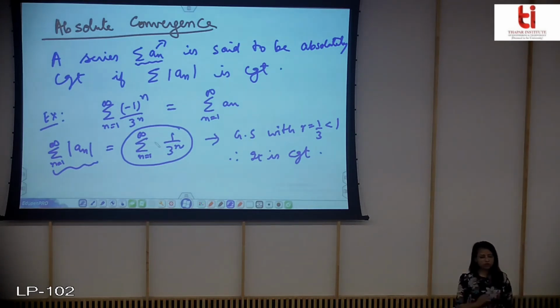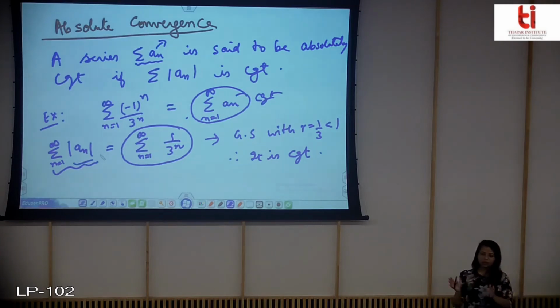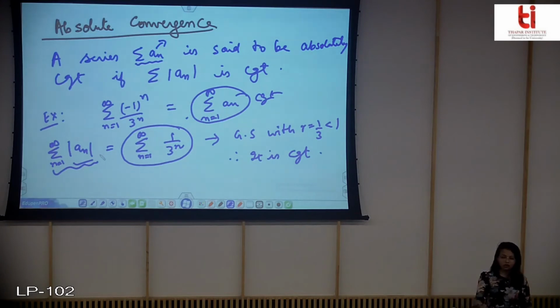So this is convergent, and ultimately I'll prove the theorem that if the mod one is convergent, that is, if you make all the negative signs positive and that series is convergent, our alternating series is also convergent.